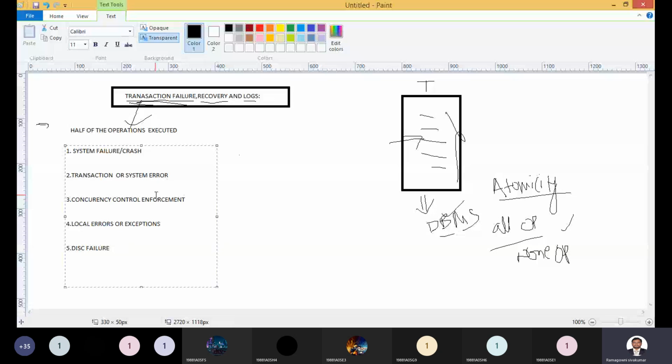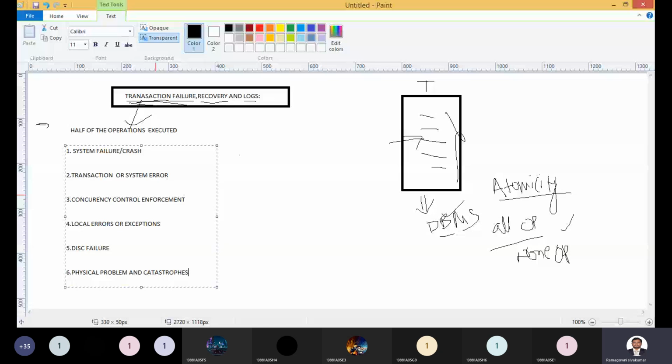And the last, sixth one is physical problems or catastrophes.